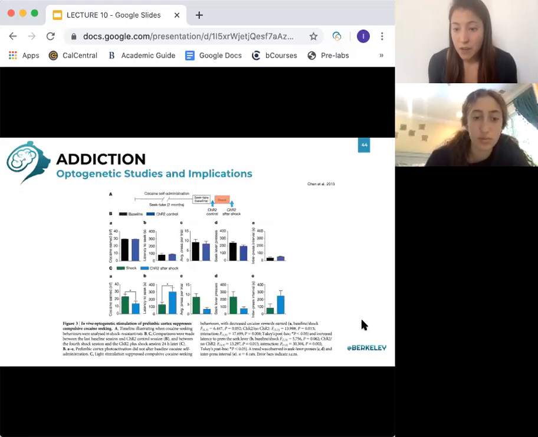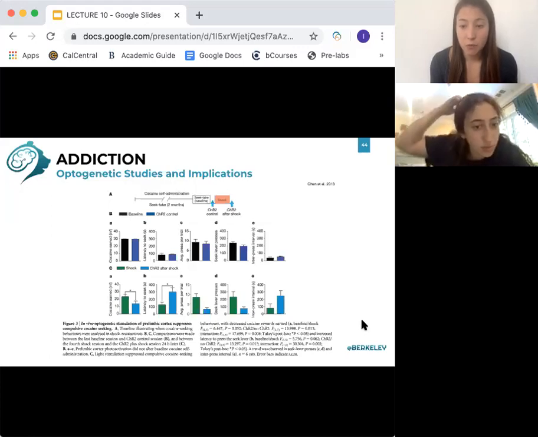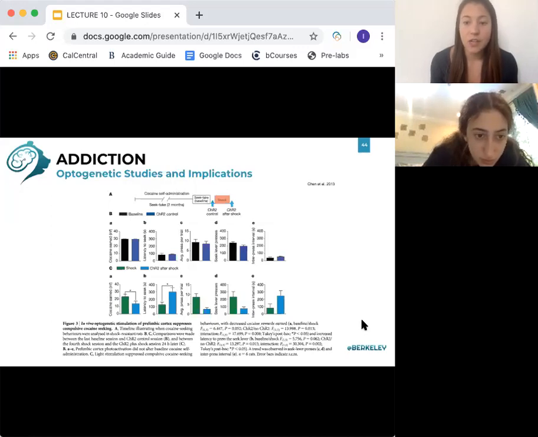Subfigures B through E show the cocaine seeking activity between the two groups, establishing that there's the same activity between the ChR2 groups before turning the light on. And then A through E shows cocaine seeking activity changes with the stimulation of the prefrontal cortex neurons in question.